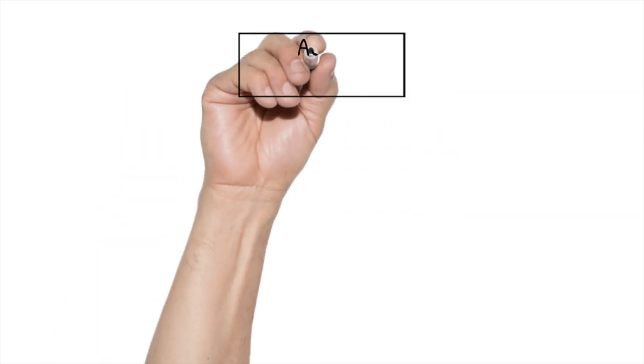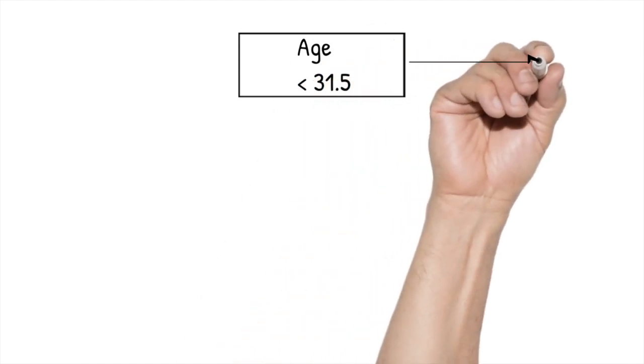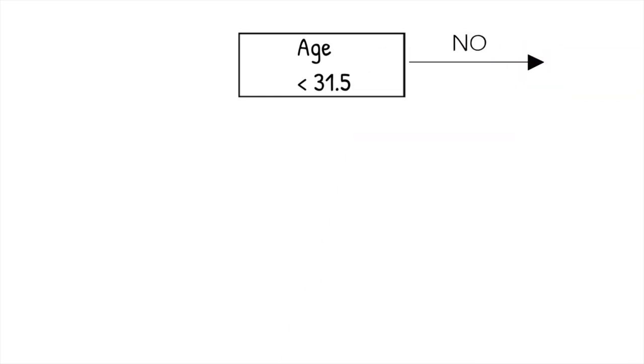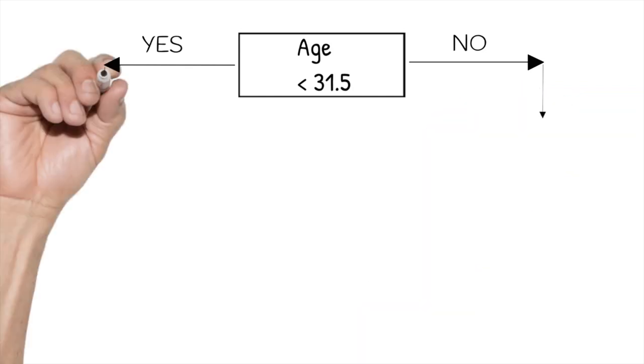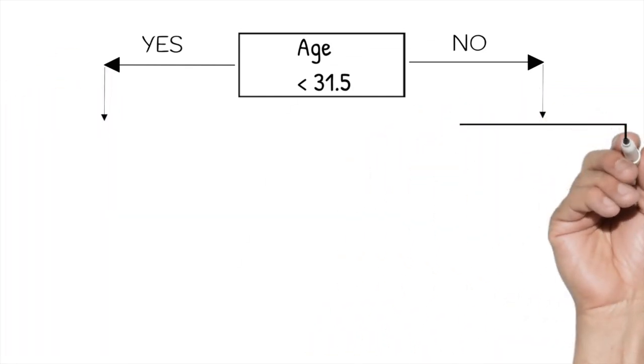Let's draw our flipped tree. At the very top, we'll have age, with the split value being 31.5. If we go to the right, then it means that the observations are older than 31.5. If we go to the left, that means that yes, age is less than 31.5, which means we have younger observations.